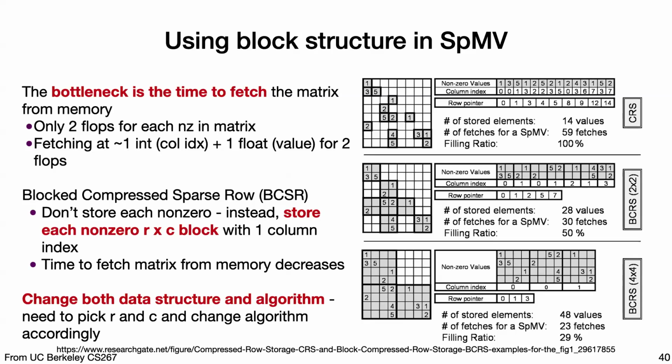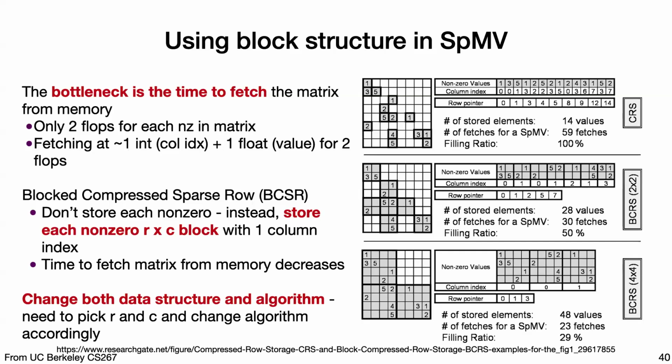However, to fetch that entry, you have to get 1 column ID, because you need to figure out which index in x corresponds, and also the float value. So you multiply the value part, but to access the correct index, you have to access the explicitly written index in the column ID array. And so that's plain CSR.